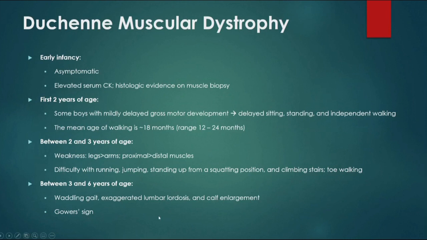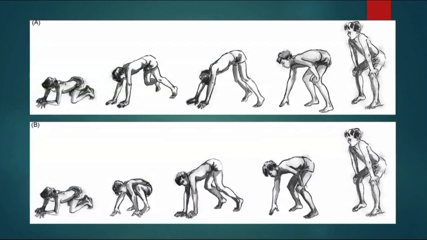The Gower sign is the classical one, and just to mention that I've seen many people writing Gowers as apostrophe S. Gowers was the name, the name included S in his last name, so it should be written like this rather than apostrophe S. So this demonstrates the classical Gower sign.